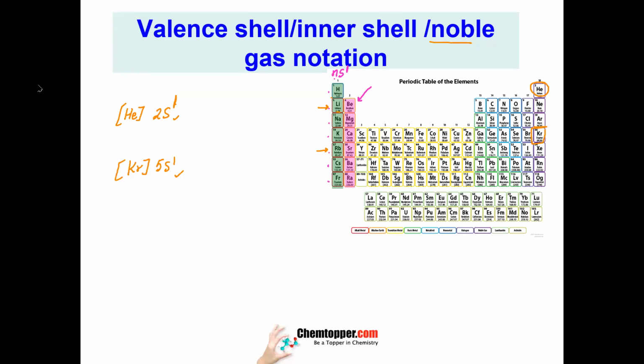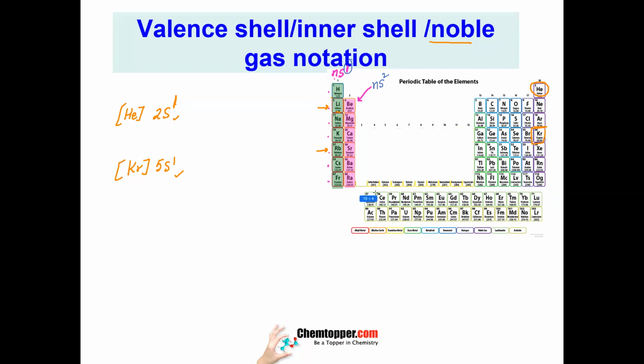Just see the configuration of 2, 3. Arnav, what is your answer? Correct. Yes, n is 2. These are the valence electrons. Group 1, you remember yesterday I told you the valence electrons are equal to the group number of the main periodic table. Do you remember the main periodic table, children? This is the main periodic table.